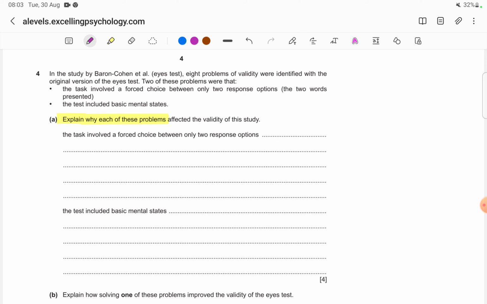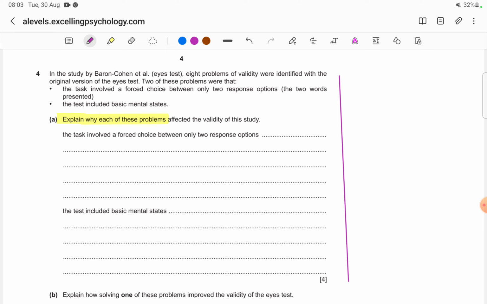Because when we study the ICE test, at that time, all these 8 problems have been clearly discussed with reasons for why they were problems. So irrespective of whether we have studied from some course companion or from the original study itself, we have had a discussion of the 8 problems and how they were rectified in the revised version of the ICE test. Okay, but here I'll take up this question as if it has to do with our understanding of validity.